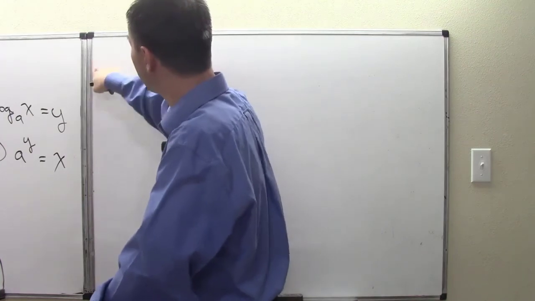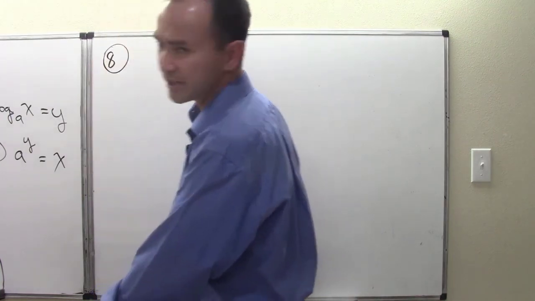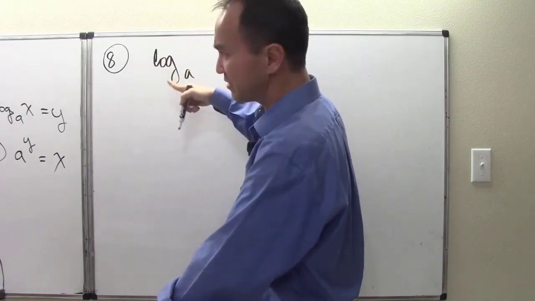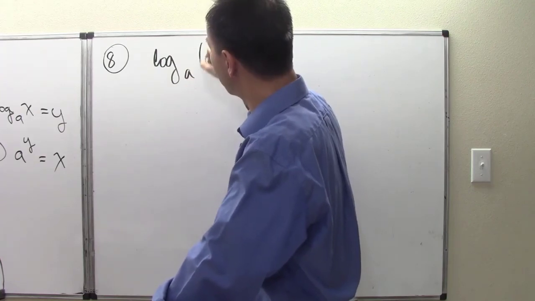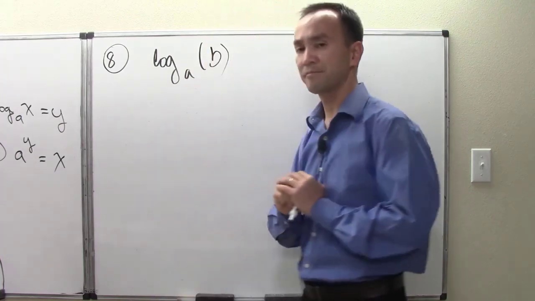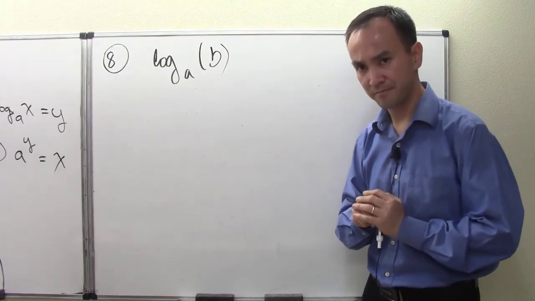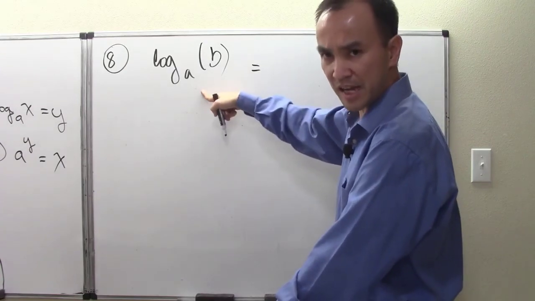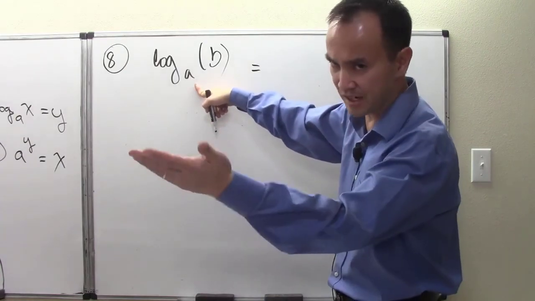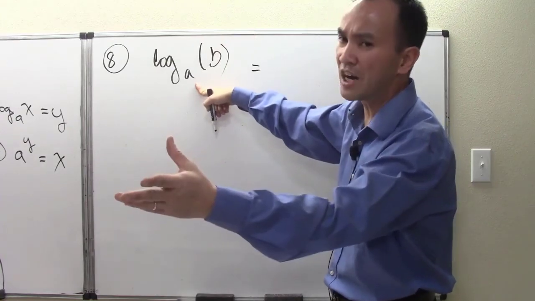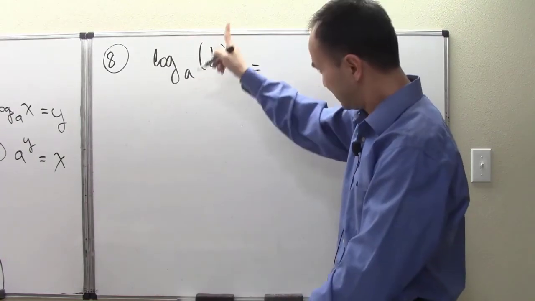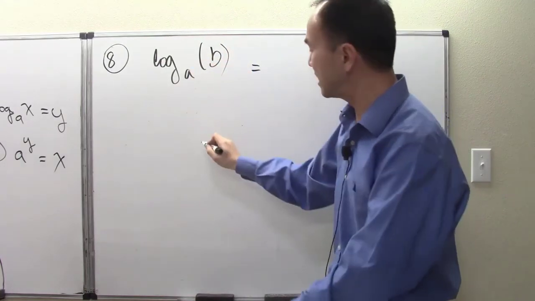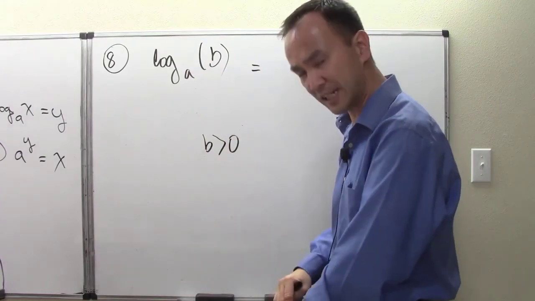This last property I'm about to introduce, property number 8, ladies and gentlemen. For any general log, log base a of a number b, of course a here is a value that meets all the requirements to be the base, and this b is a number being the argument of a logarithm, so it must be a positive value.